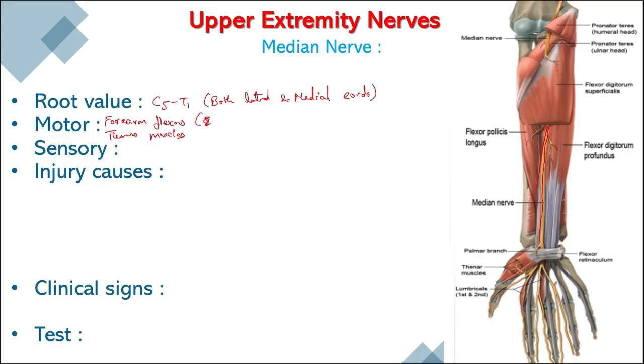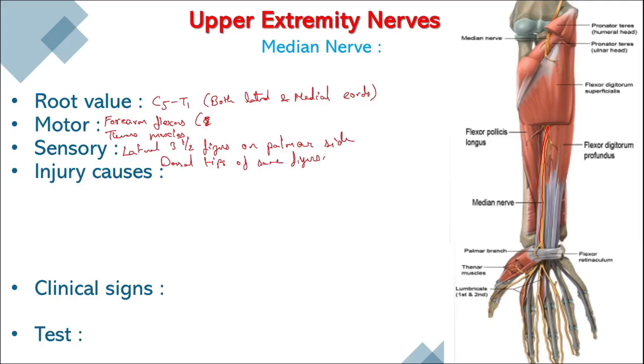When it comes to sensory, we can see the lateral 3 1/2 fingers on the palmar side, and sometimes some part of the dorsal tips of the same fingers.